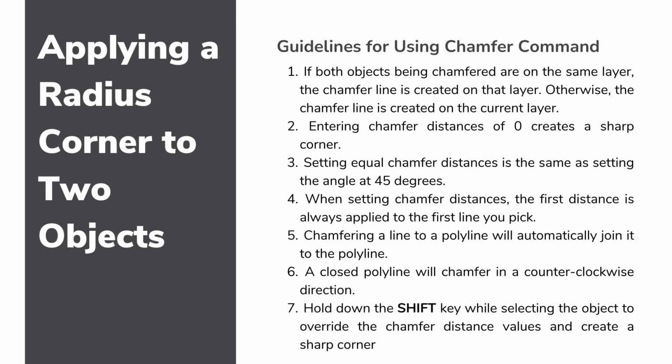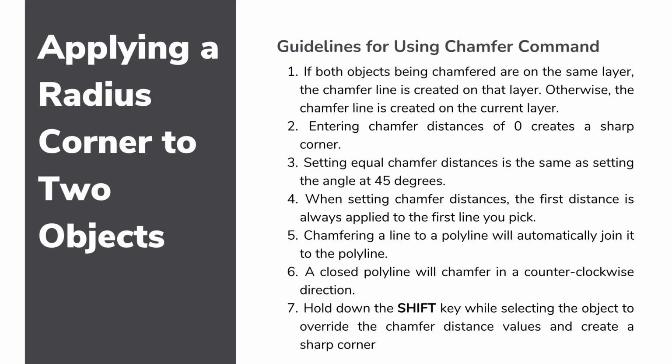Meaning, walang nangyari, parang hindi siya na-chamfer. Next, setting equal chamfer distances is the same as setting the angle at 45 degrees. Next, when setting chamfer distances, the first distance is always applied to the first line you pick.